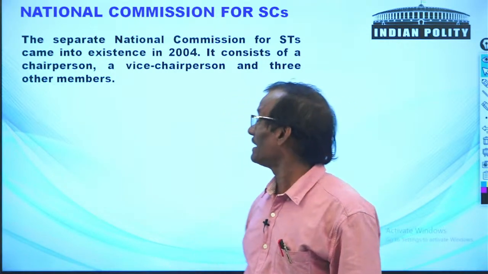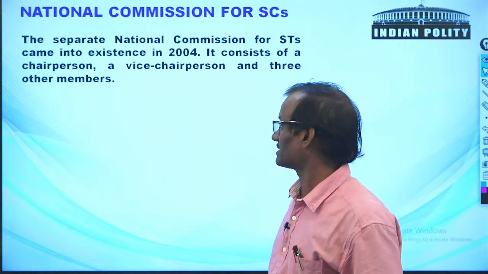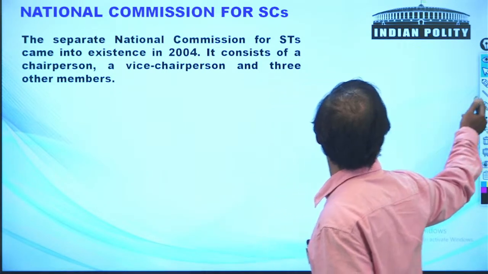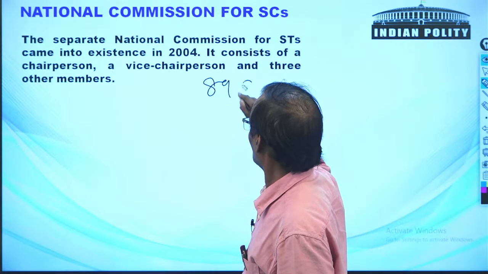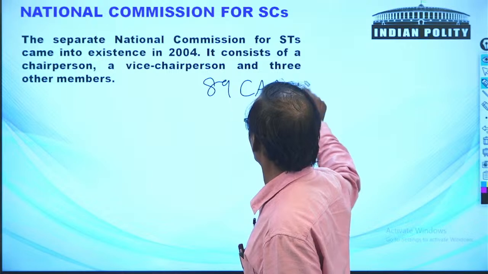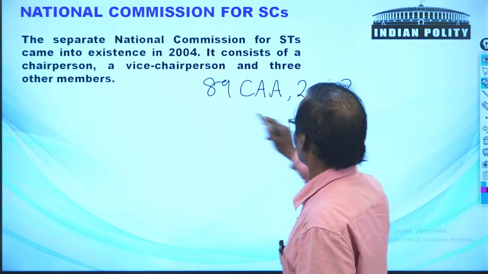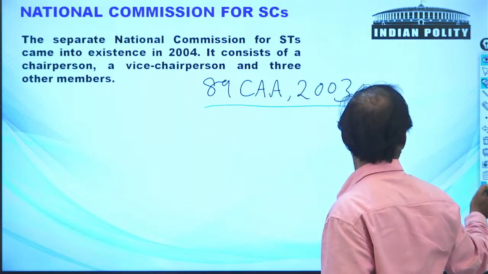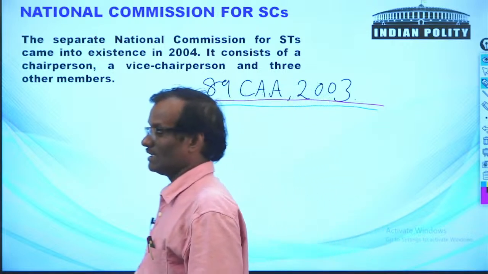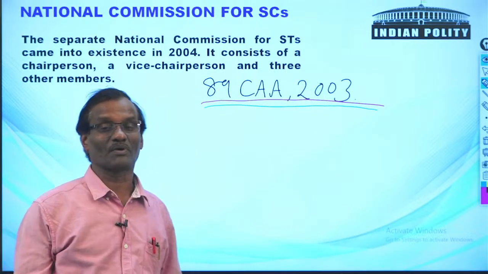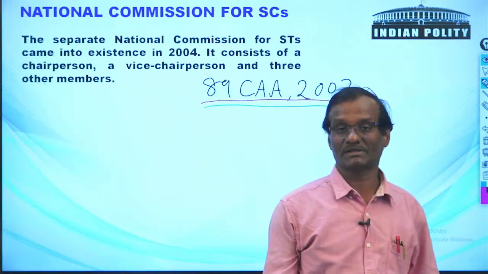Then later, the 89th Constitutional Amendment Act 2003 bifurcated the National Commission for SC and ST into two different independent constitutional bodies.